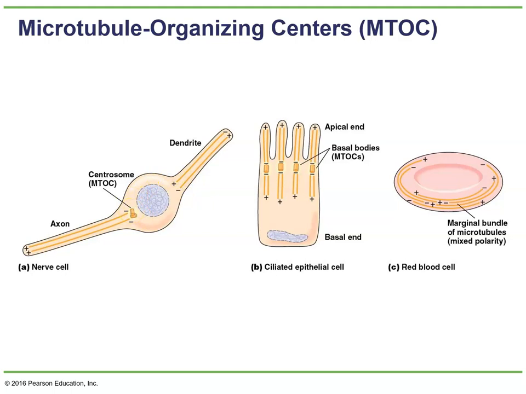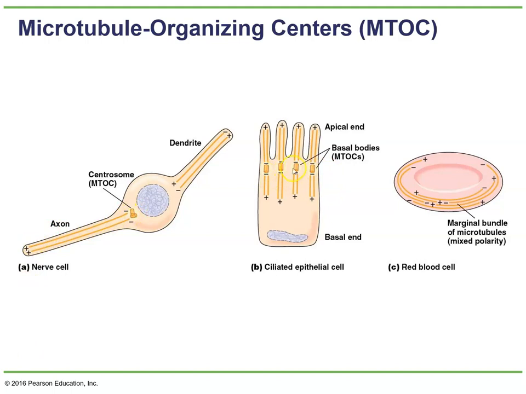And in animal cells, the centrosome is associated with two centrioles surrounded by pericentriolar material. These anchor the microtubules, and then the microtubules grow out from that MTOC. Usually the negative end is more towards that centrosome or MTOC, and then the positive end moves out from there.